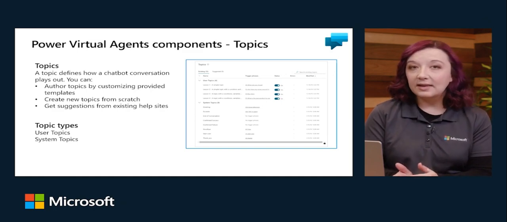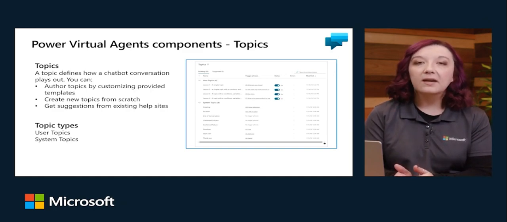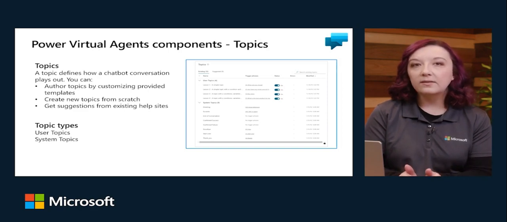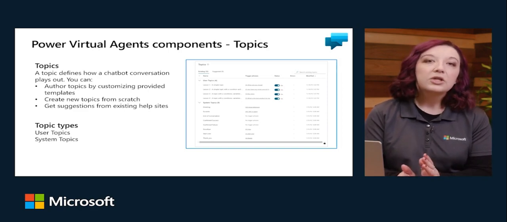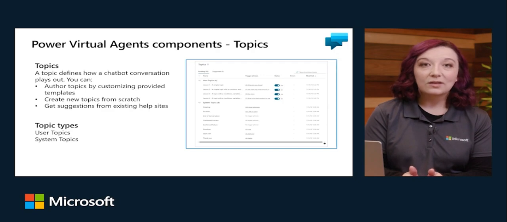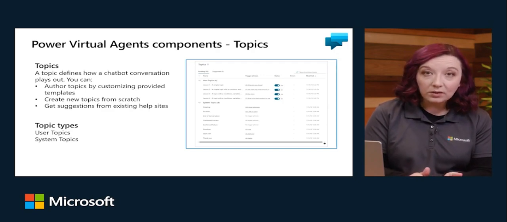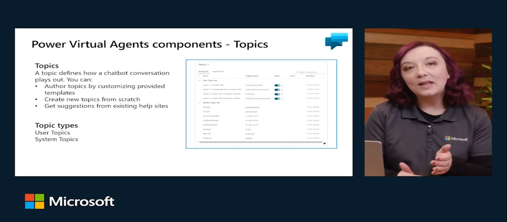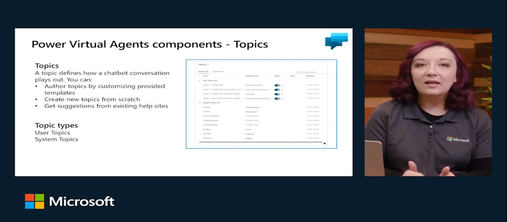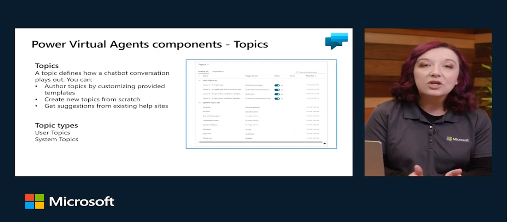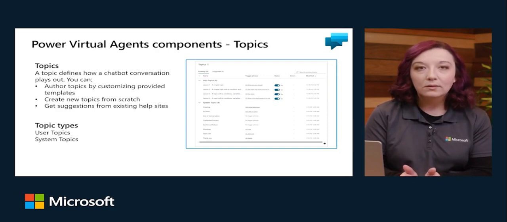You can use these lesson topics to help understand simple to complex ways of using nodes to create chatbot conversations. The first lesson has you create a simple topic. And then in the other lessons, you'll start adding other components like conditions and variables.